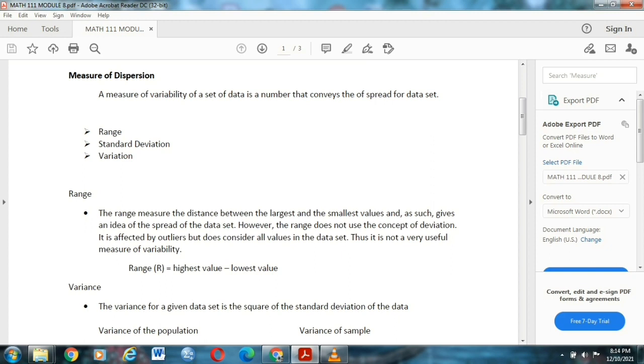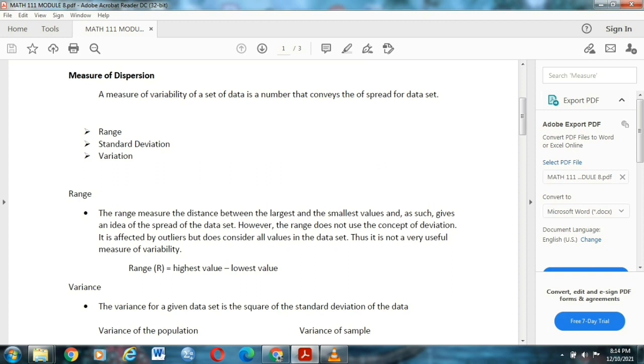So, first one is the range. Okay? So, sa range, is a measure of the distance between the largest and the smallest values, and as such gives an idea of the spread of the data set. However, the range does not use the concept of deviation. It is affected by outliers but does consider all values in the dataset.